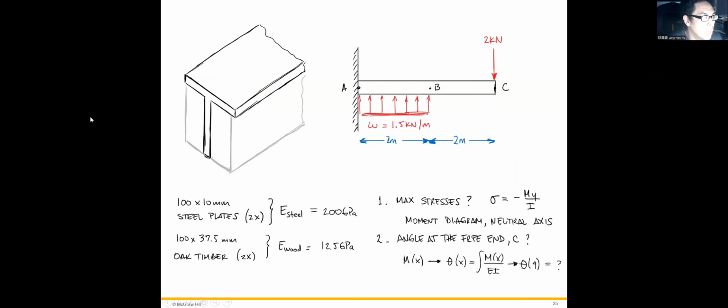Okay, so suppose we have this composite beam with the T shape made of steel plates. And for this bottom part, it is made of timber, and the Young's modulus E of the steel is 200 GPa, and the Young's modulus of the wood is 12.5 GPa.